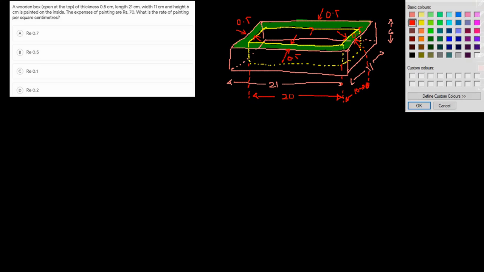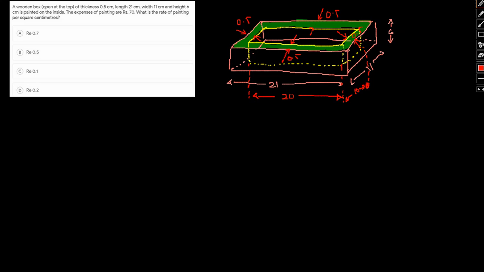Okay, so it's given that it is a wooden box open at the top. So now we need to paint on the inside. Now we know the total surface area of a cuboid is given by 2 length into breadth plus 2 length into height plus 2 breadth into height.